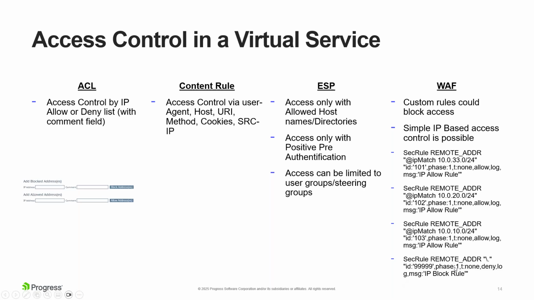Anyone else is denied. So only access for these 3 IP ranges is allowed. Everything else is denied by default. Now, the cool thing with this is I can do it on the main VS, I can do it in a sub VS, and I definitely get a log each time this is triggered. So pretty neat.